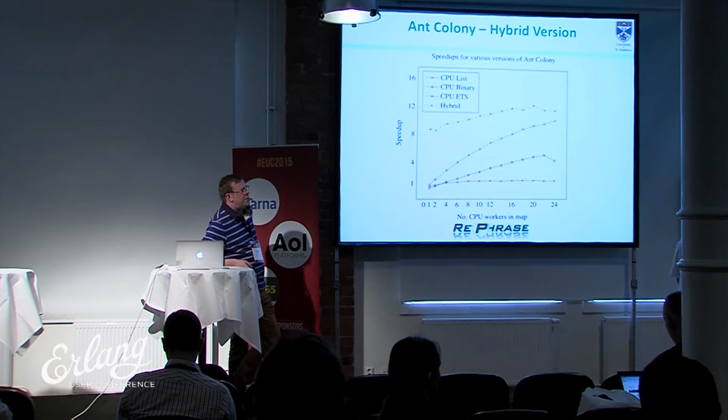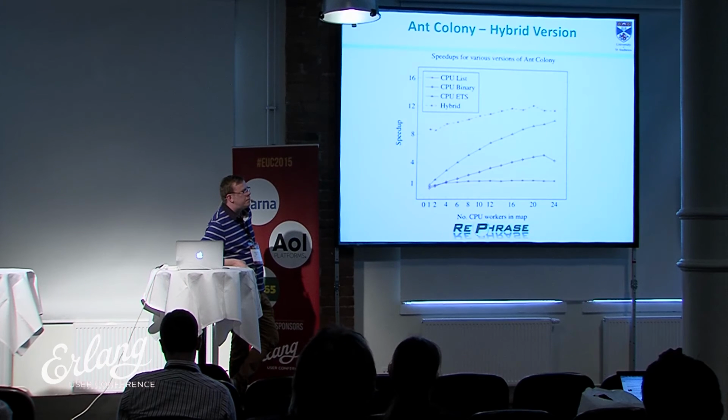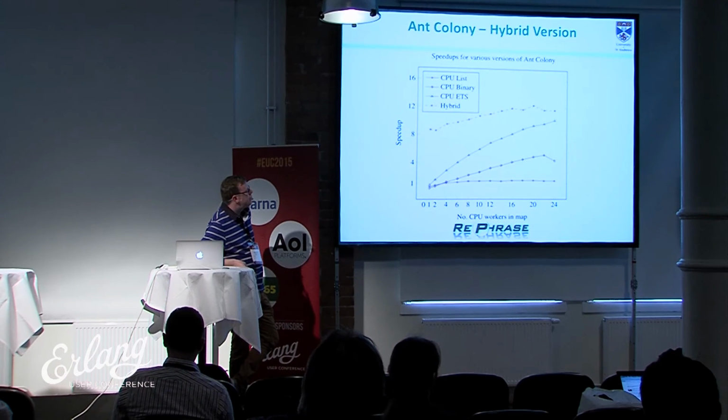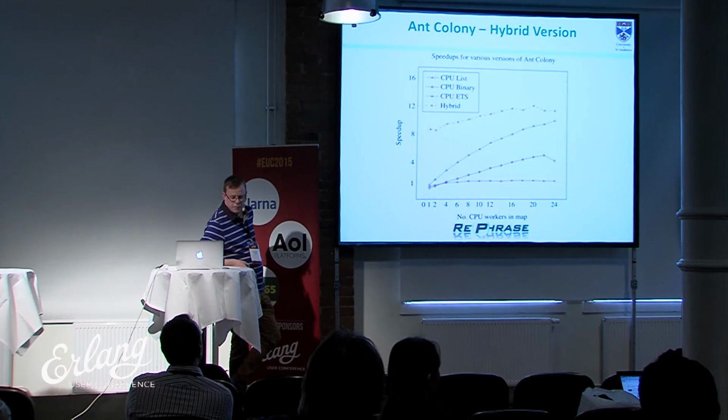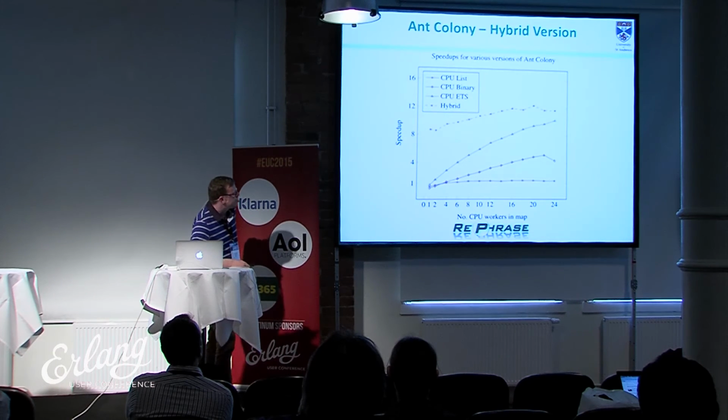Also, if you look closely here, the speedup curve that you get in Erlang is pretty good, while the other one already starts with something that is up in the 9 range. So what would happen, for example, if you had a machine with 64 cores?